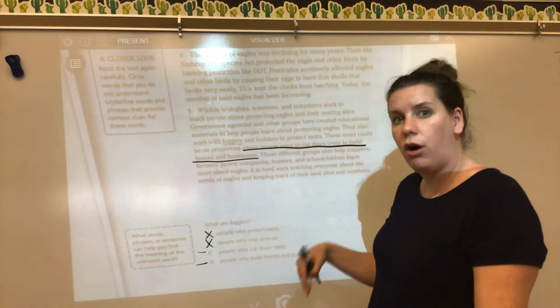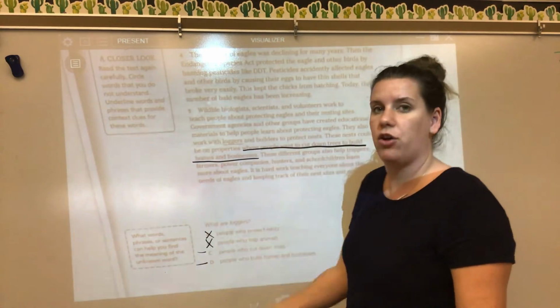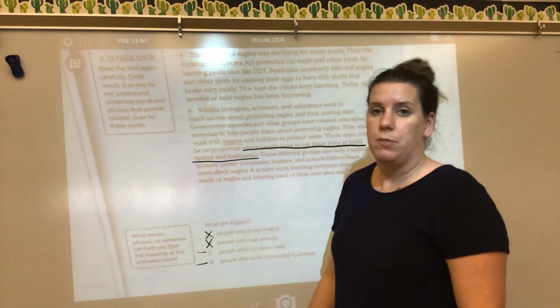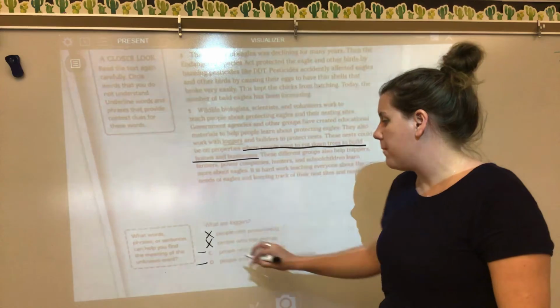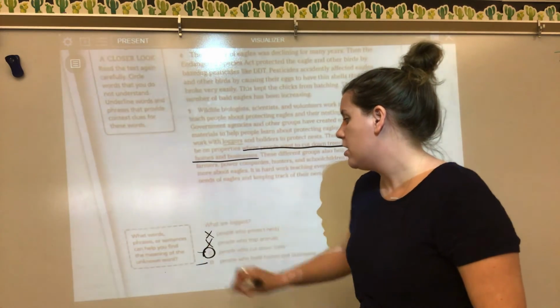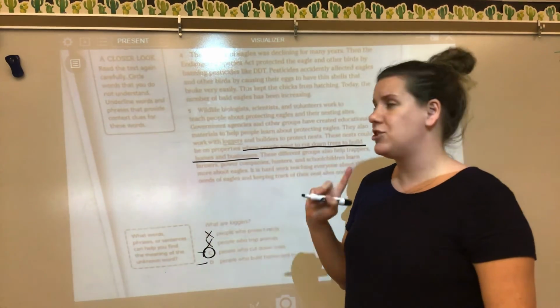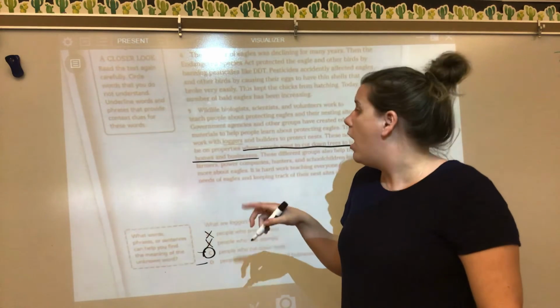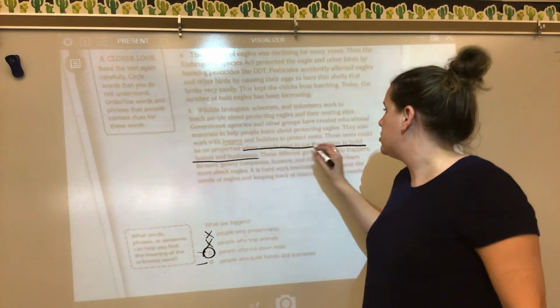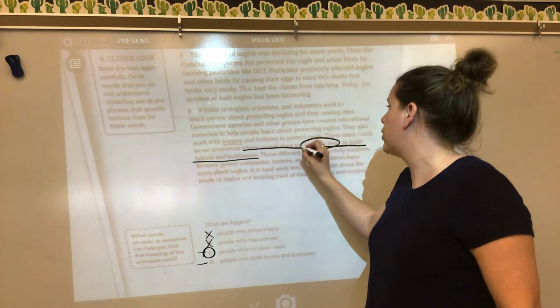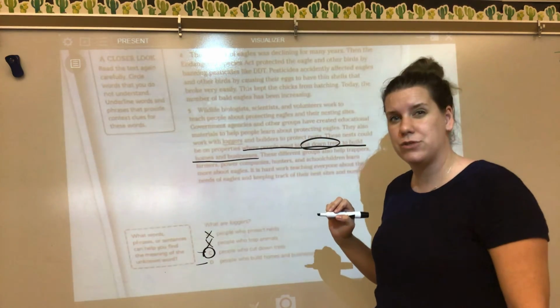A log. What do you call a tree that has fallen down? You find it on the ground. You might call it a dead tree, but you also see a tree log, correct? So I'm going to go with letter C, just using some of my prior knowledge to answer my question. But also, where it says where people want to cut down trees, that's one of your clues too.